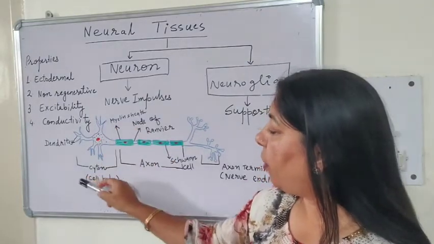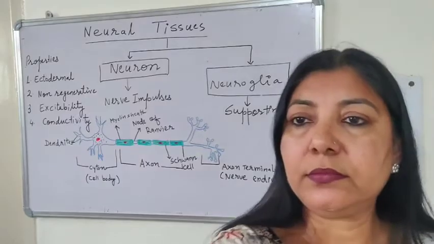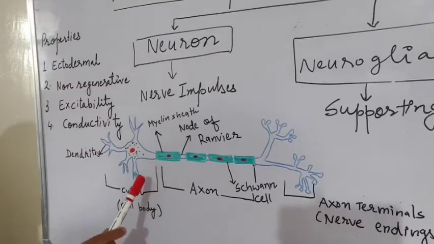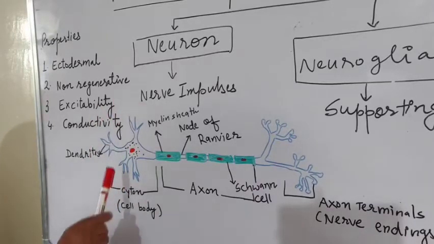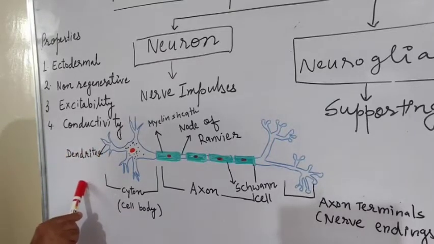Let us first talk about this cyton. You can see the cyton is a star-like structure. It's a branched structure. There are many branches. These branches are called dendrites.